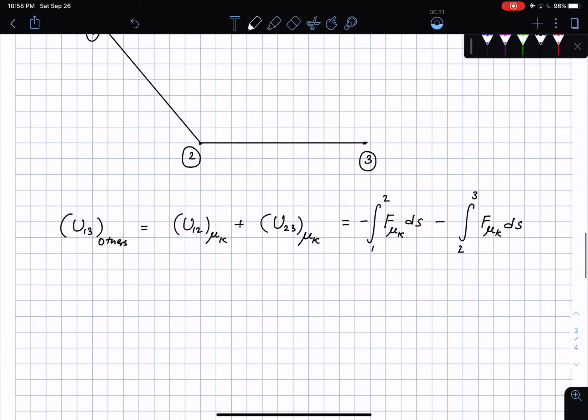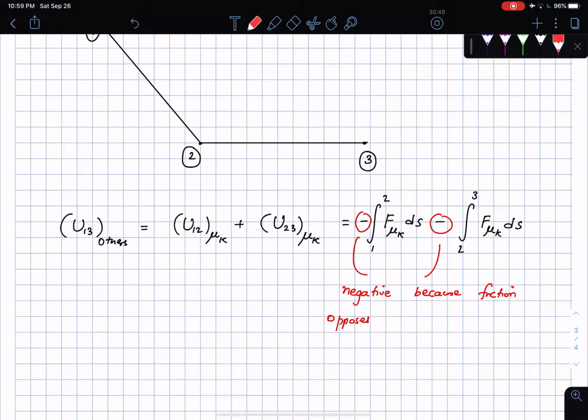Okay, the negative sign here is because friction opposes the motion direction. So that's something that you want to keep in mind.